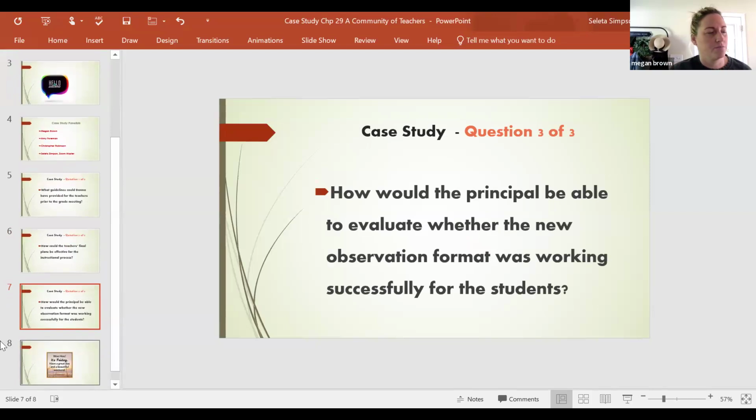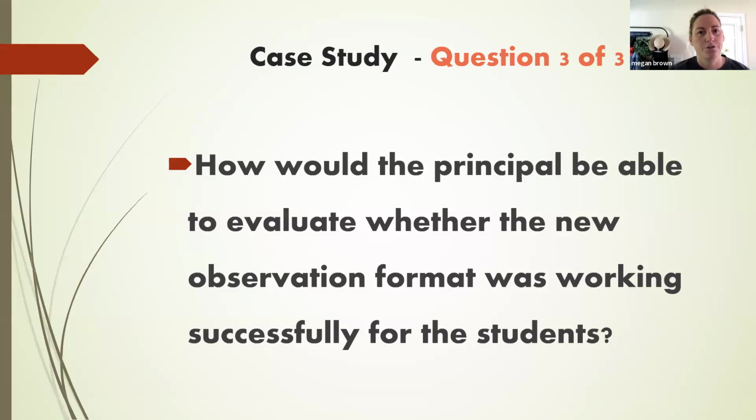So I kind of went back to the Marzano 9 high yield strategies, and because that is such a detailed walkthrough reflection, I think it would be very evident whether the students were getting it or learning it or not. I also looked at a researcher named Matthew Duffy, and he was big on these observations and reflections, including the students.